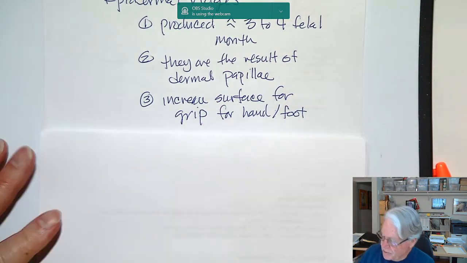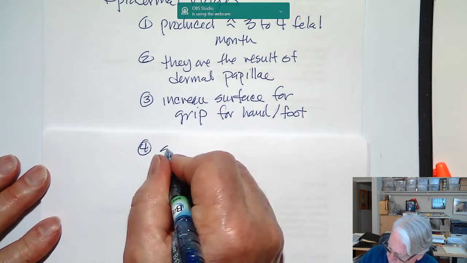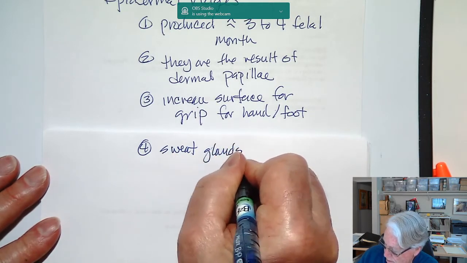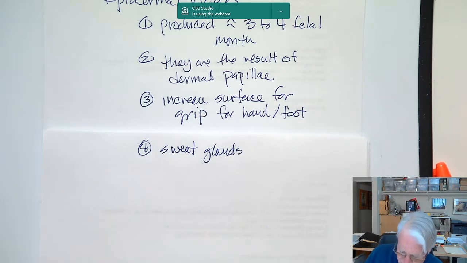The sweat glands that are going to empty onto the skin are actually going to empty onto the ridges.